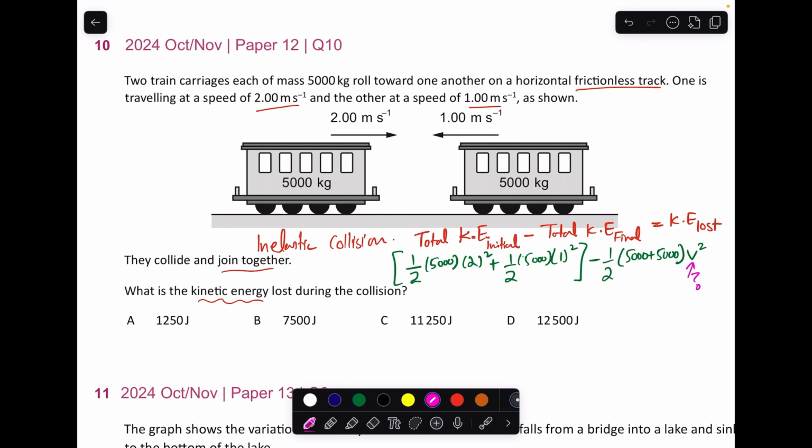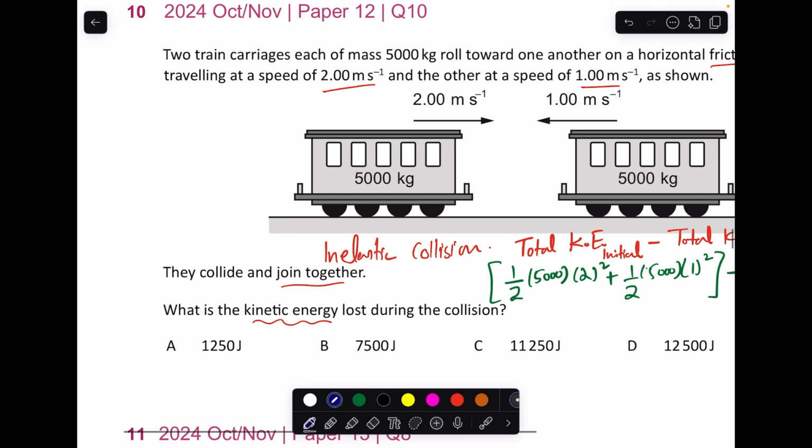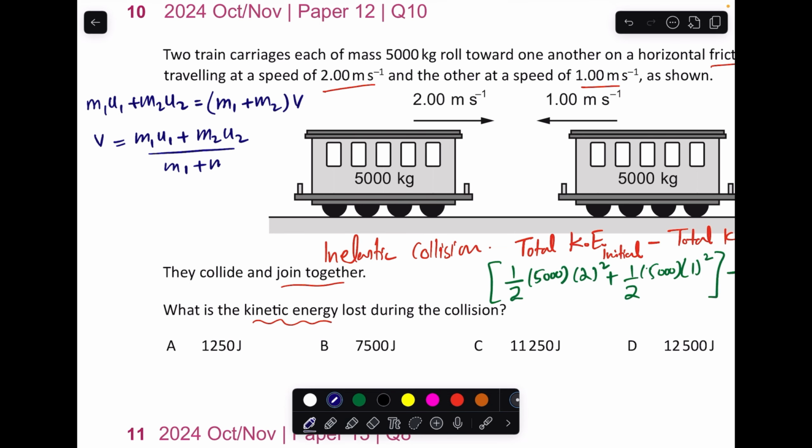So what we know is that momentum will always remain conserved, so we can find the velocity from the momentum relation. Let's try this one. We know m1 u1 plus m2 u2 will be equal to, both are moving together, m1 plus m2 into v. So v is equal to m1 u1 plus m2 u2 divided by m1 plus m2.